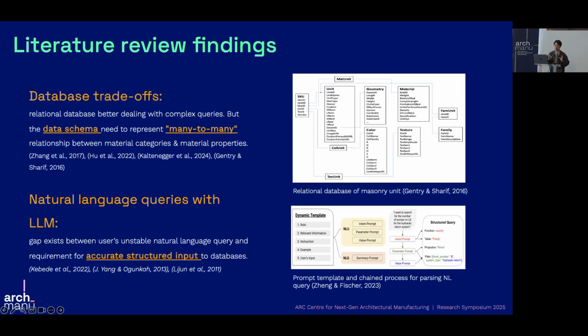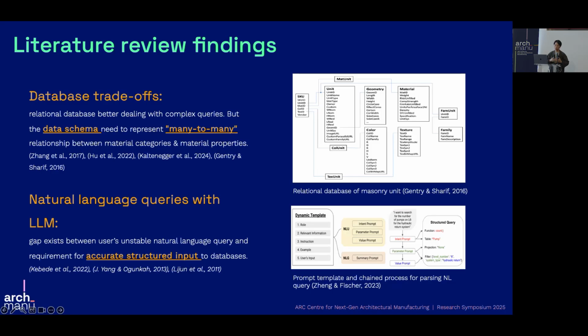Among several kinds of databases, the classical relational database is better at dealing with complex queries, but it can meet challenges representing many-to-many relationships between material categories and material properties, since it adopts a fixed table structure. Also, writing very complex SQL for designers with non-technical backgrounds can be very difficult.